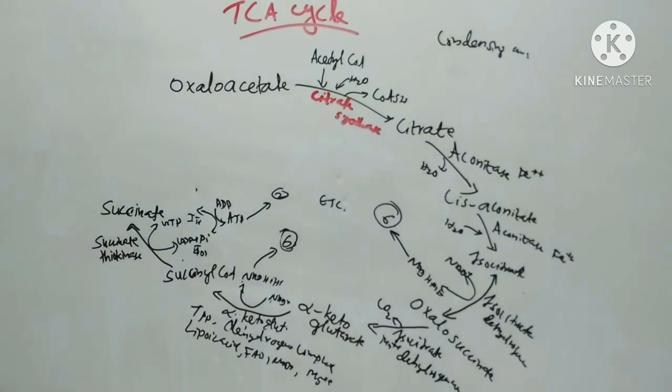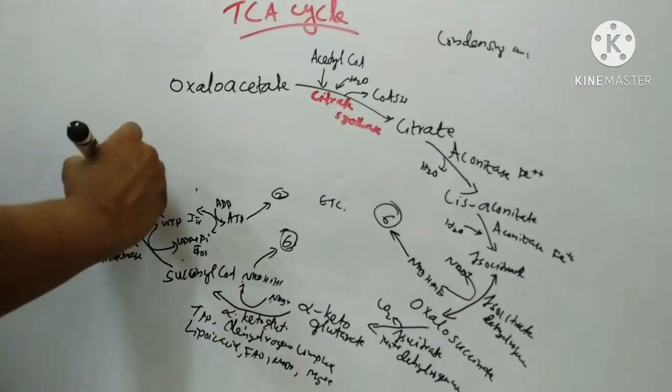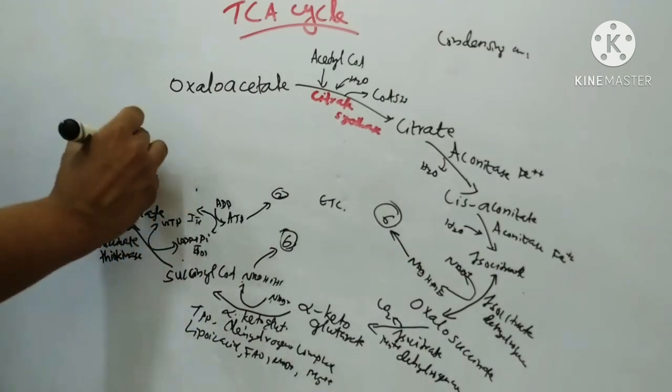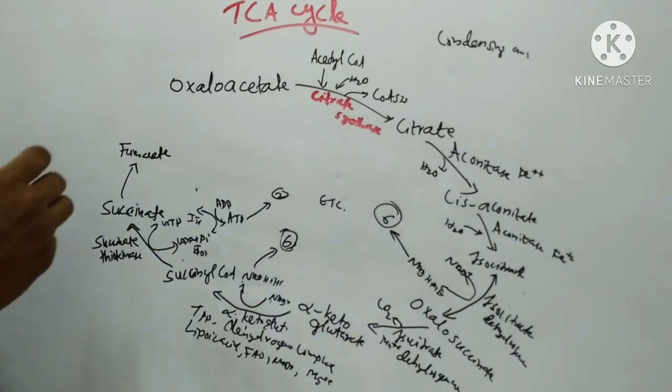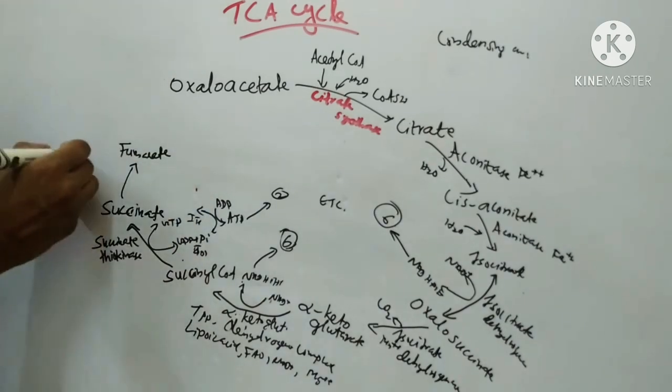That is stage 3. Stage 4 involves 3 successive reactions in which succinic acid is oxidized to oxaloacetate. The first reaction is succinate to fumarate by the enzyme succinate dehydrogenase.